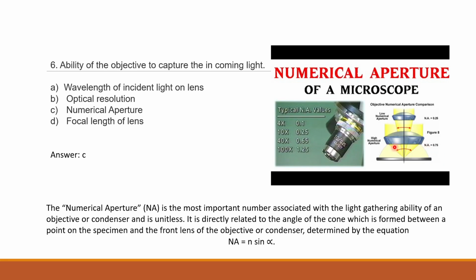If the aperture is more, the cone will be more wide, and then more light it can gather because of the wider cone, and then you will get more information from it. More light means more information. That's it. So higher your magnification, higher will be your numerical aperture.